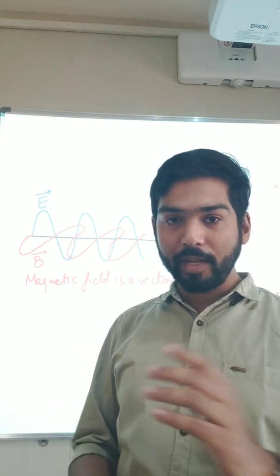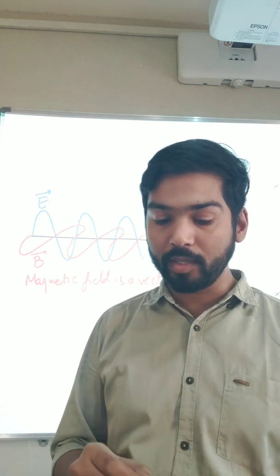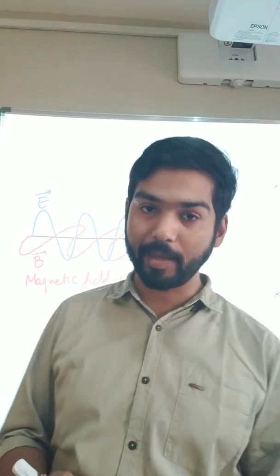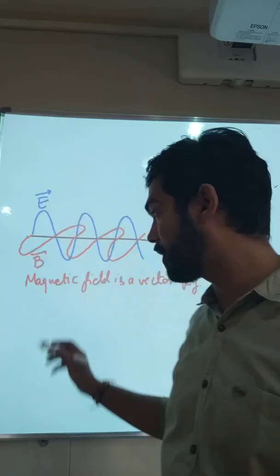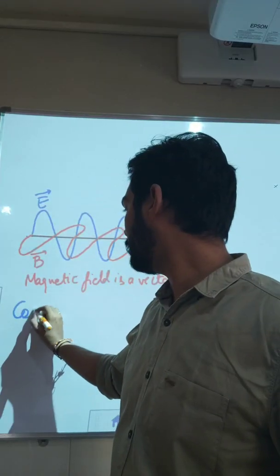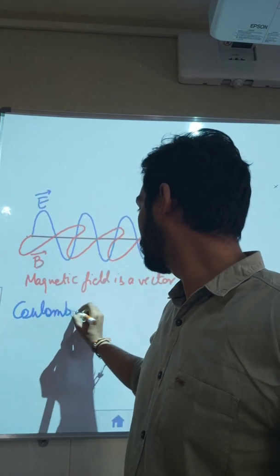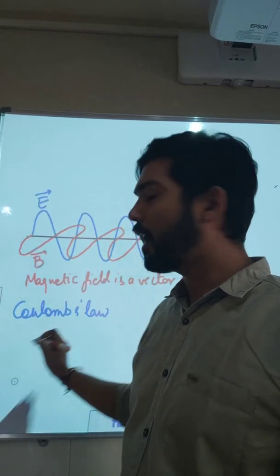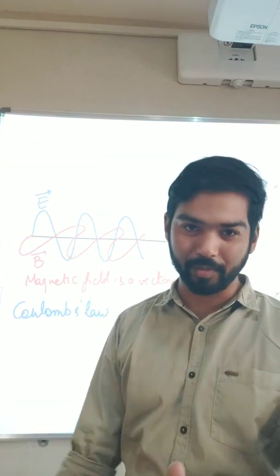And I would also like to draw your attention to something that you studied in the chapter of electric field, which was Coulomb's law. I'm pretty sure you will be able to recall what Coulomb's law was.